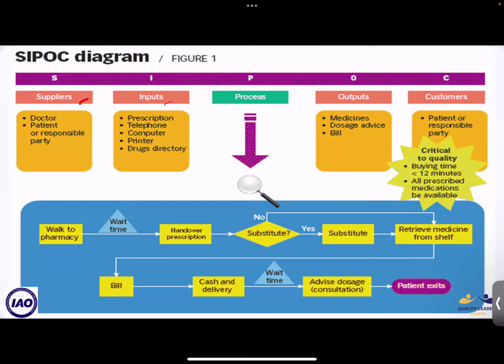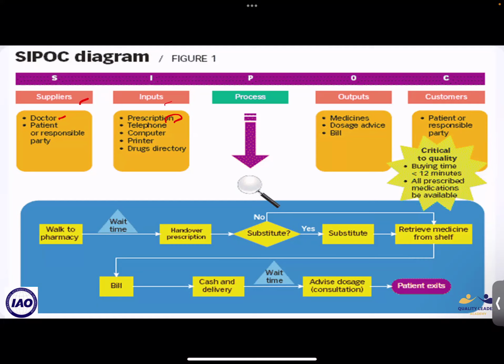We gave an example: if I have a supplier, the doctor, he will give me an input, which is the prescription. I will work on this prescription as a process of medication dispensing, meaning the pharmacist dispensing process, until it is released from me.